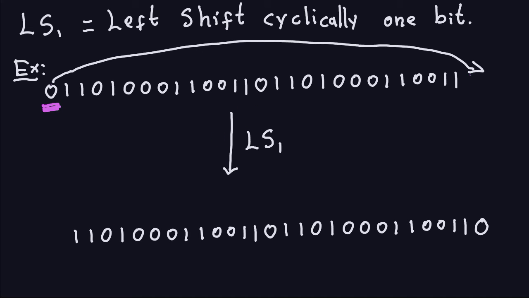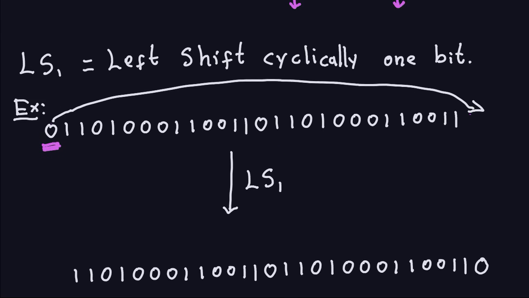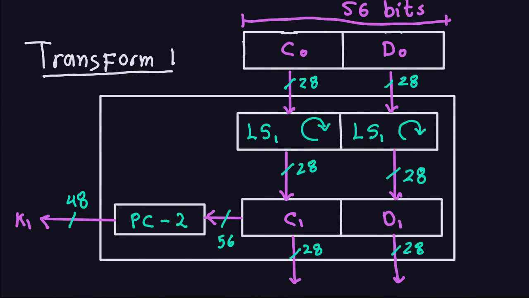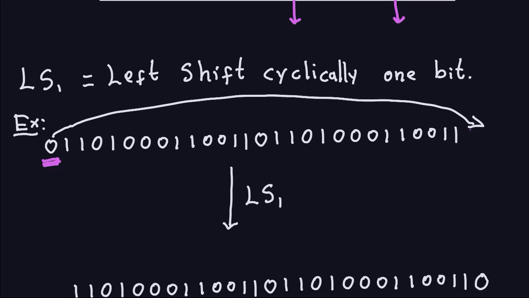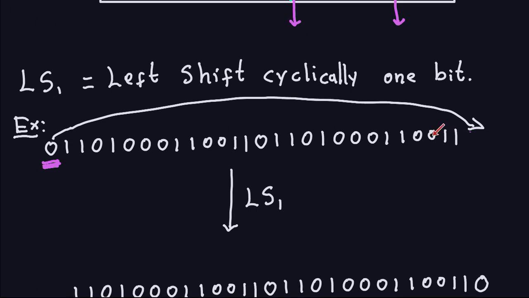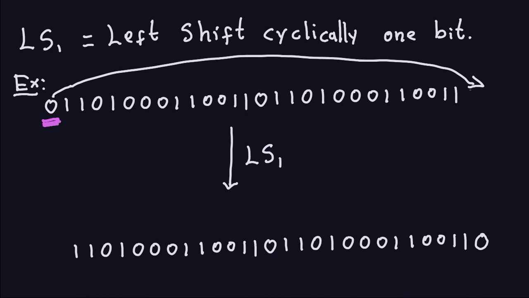The left shift is acting on the 28-bit block, this one, Z0. It does that for that block, and it does exactly the same thing for this other block over here. That's what comes out of here. If this one here were Z0, then this one over here will be Z1.